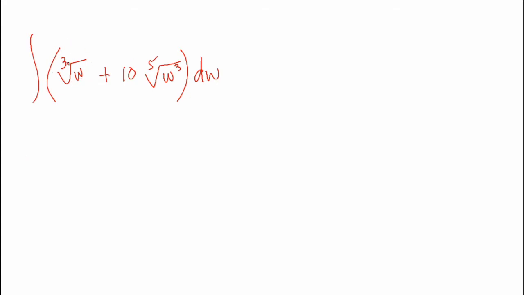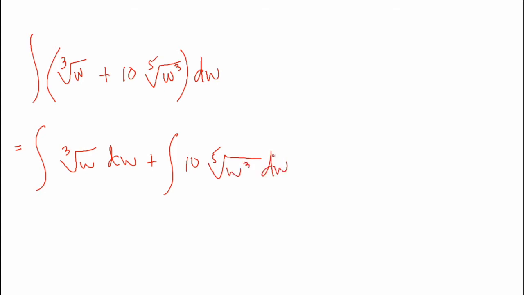First we integrate the cube root of w, which we can rewrite as w raised to 1/3 dw, plus, let's move out the 10 because that's a constant, to the left side of the integral sign.